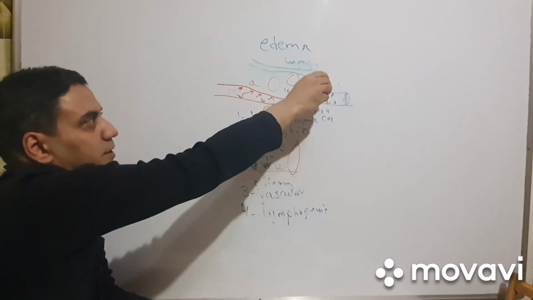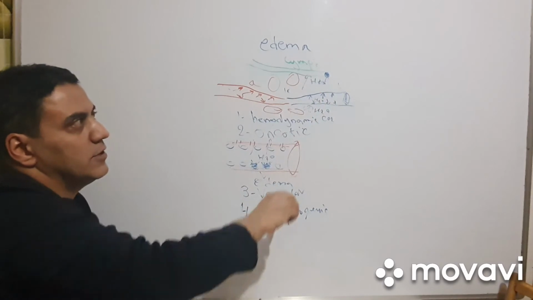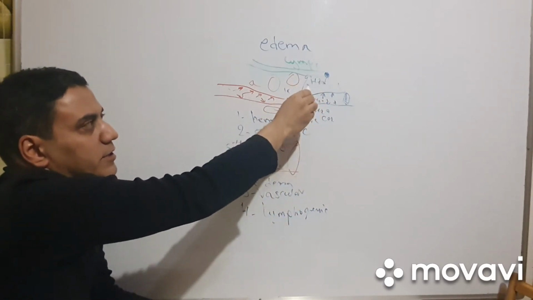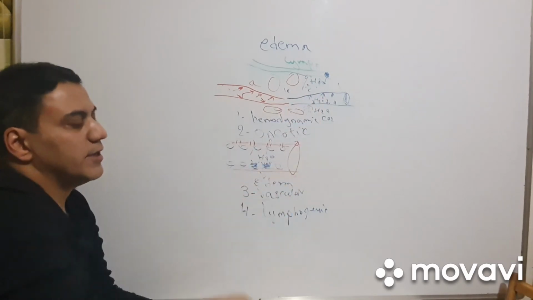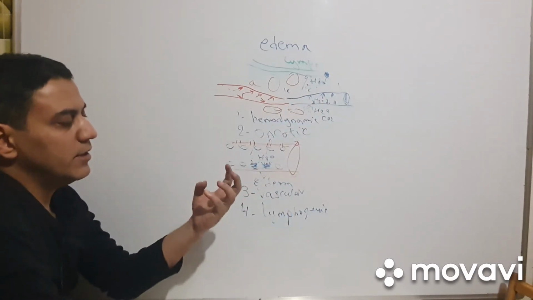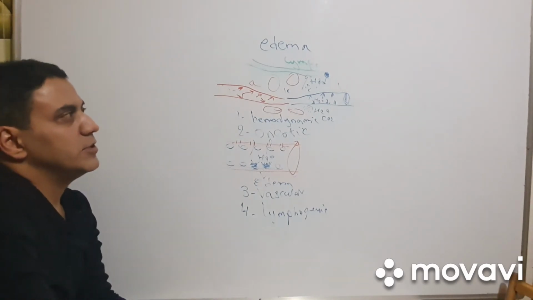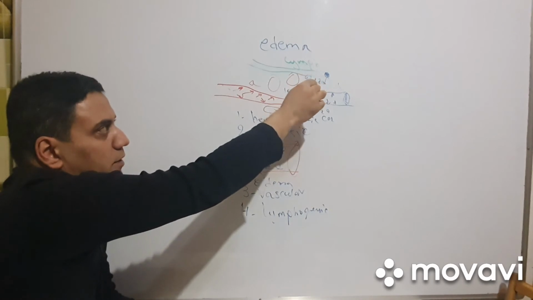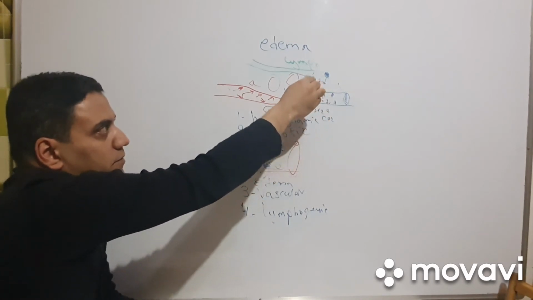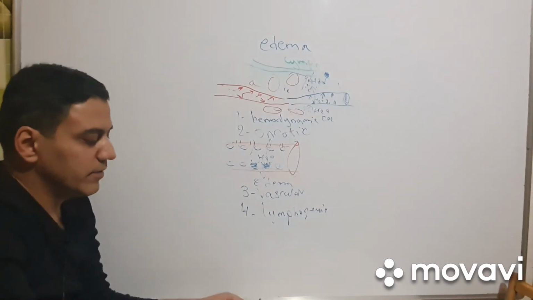In case of any obstruction of lymph, water and these major substances will be accumulated here, and they create very high osmotic pressure. So they will attract water even from the vein and from lymph here, and it will be a very heavy edema, big edema.